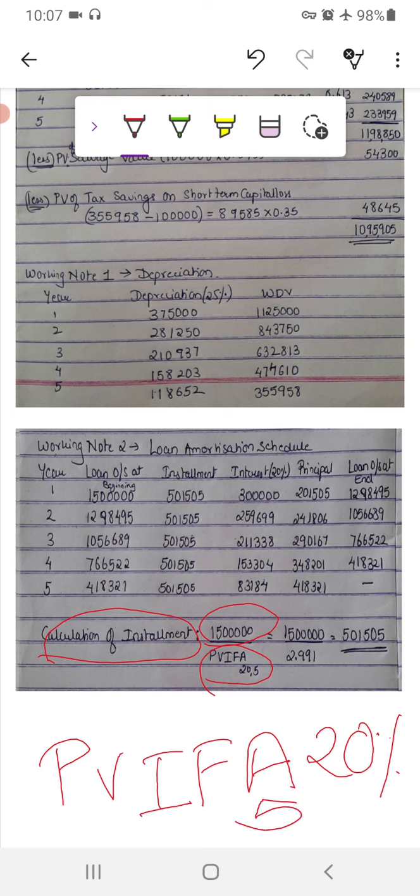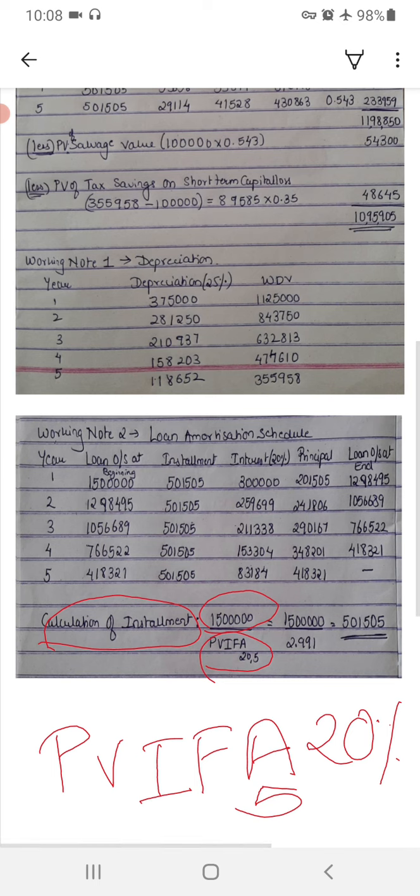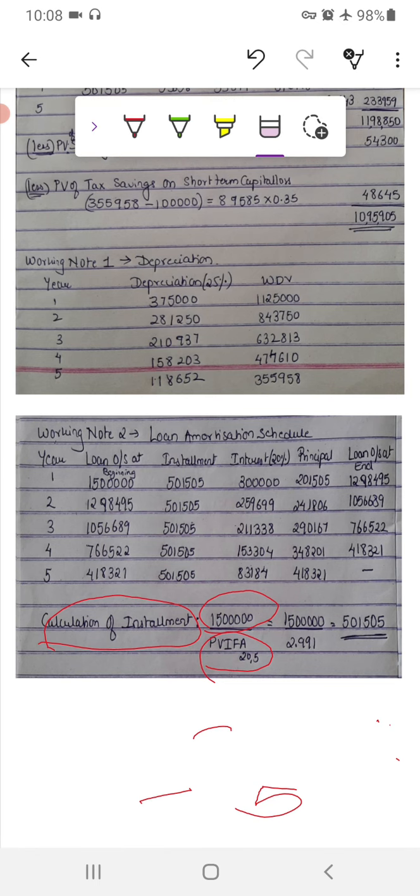Now here you don't take after tax, because after tax you are calculating it later. So here you don't take cost after tax. Fine. So this is how you calculate the installment, that is 15 lakhs divided by present value interest factor annuity at 20% for 5 years. So it is 15 lakhs divided by 2.991.